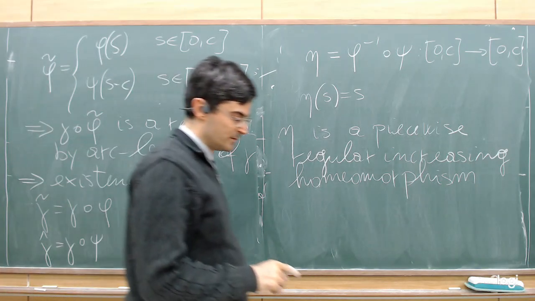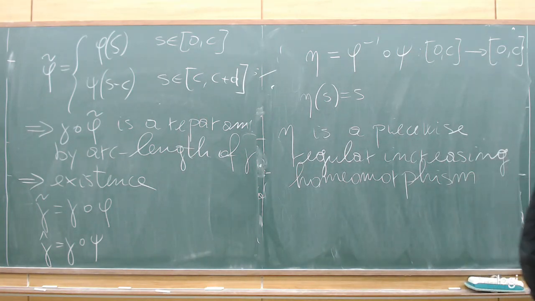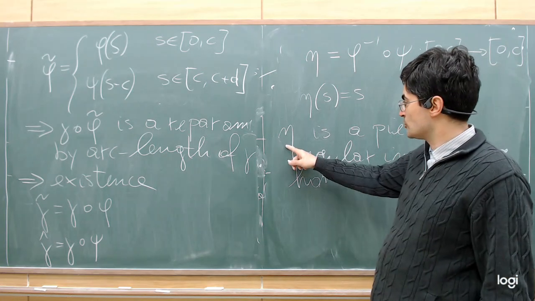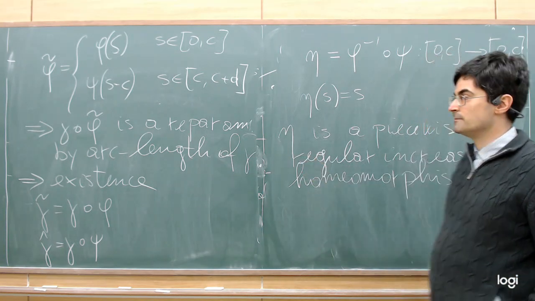So you have that the derivative of phi and psi is positive, consequently also the derivative of eta will be positive.